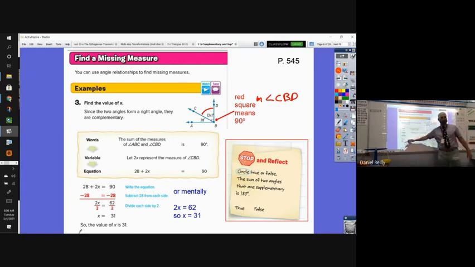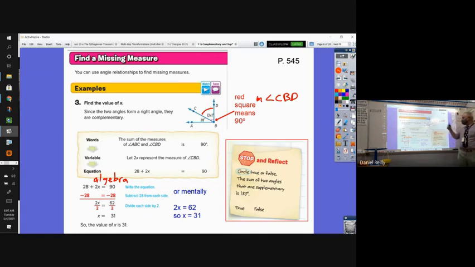And then they do it with an algebra equation. You do not have to do this for this chapter. Okay, I'm not going to worry about the algebra parts of this unit too much. You don't have to set up the algebra equation to find the answer to this question. You can do it sort of in the 5th grade mental method, right?